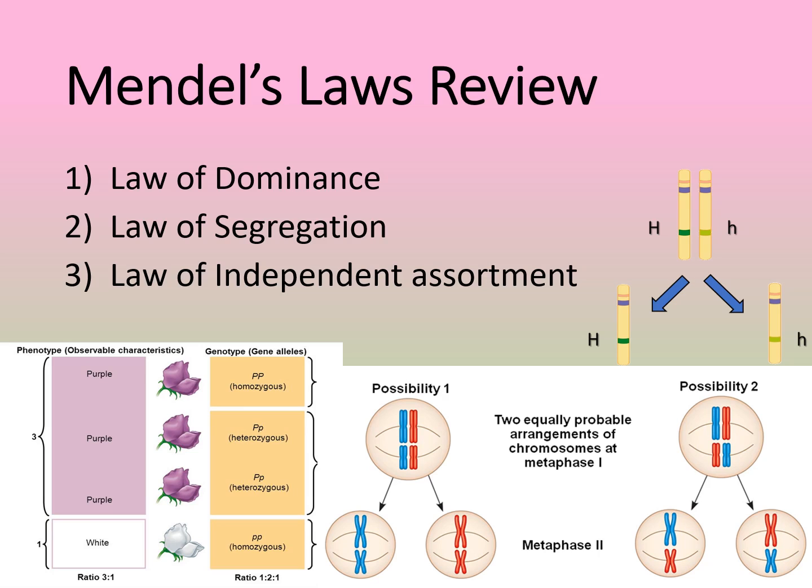And then the law of independent assortment just means that there's an equal probability of arranging the chromosomes during meiosis, right? So that means that we could get 4 completely separate possibilities when we complete meiosis. Okay, so it just means they can be either on the left or the right side.